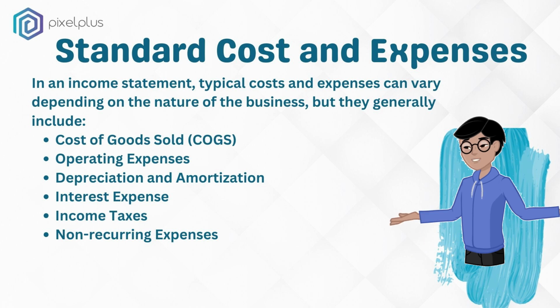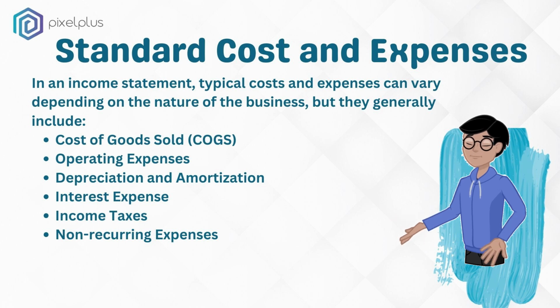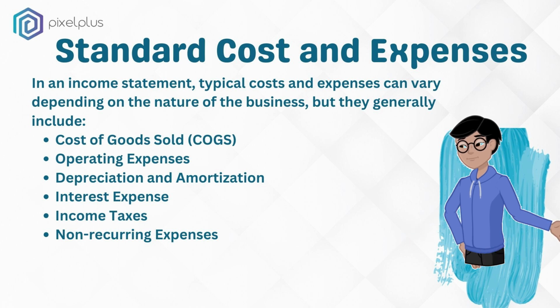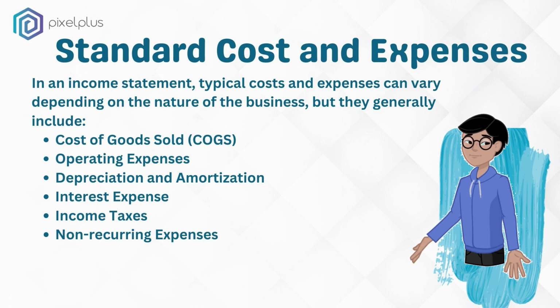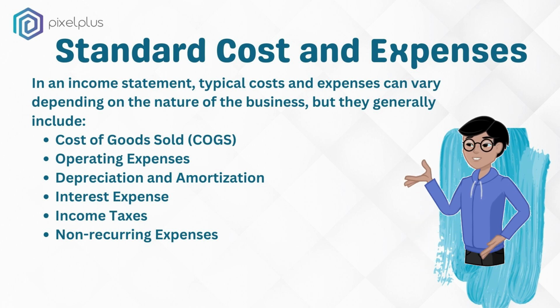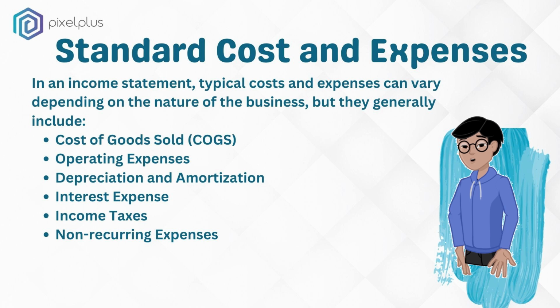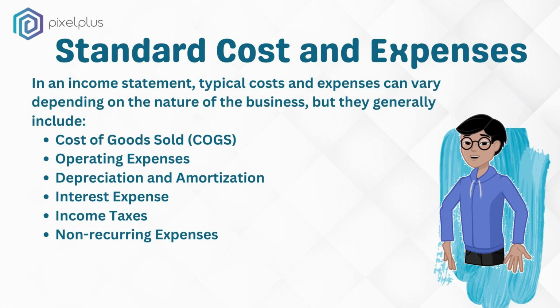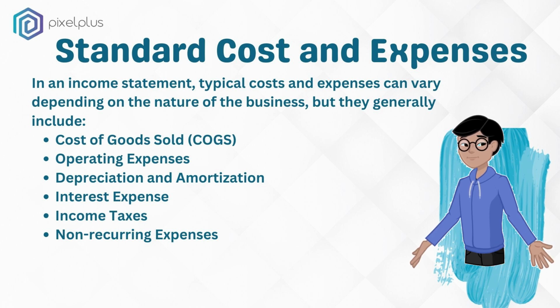In general, I have just listed some standard costs and expenses. The first is the cost of goods sold. Second is operating expenses. Third is depreciation and amortization. What is depreciation? Whenever you purchase an asset, you are using it over a period of time. The value of this asset goes down.